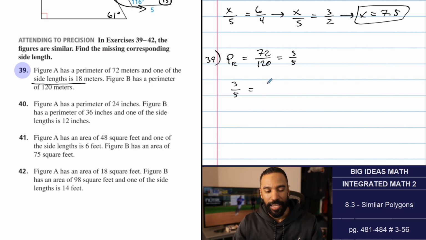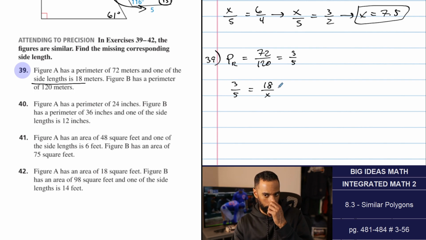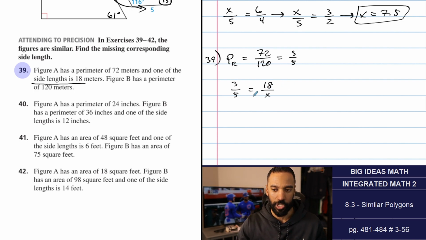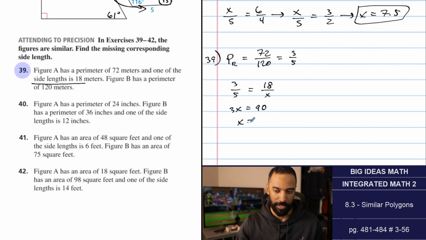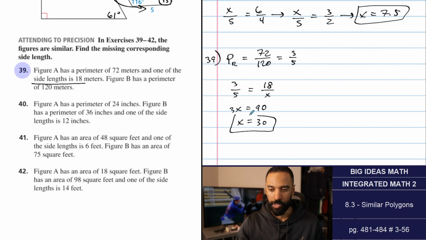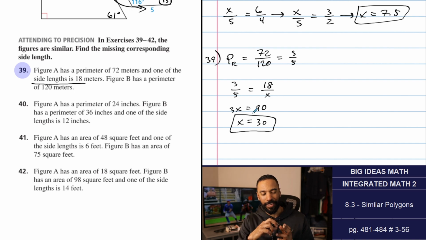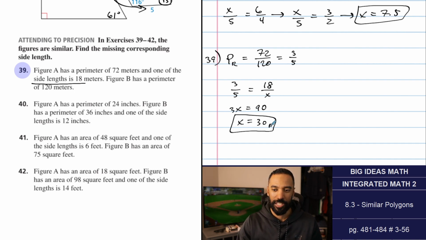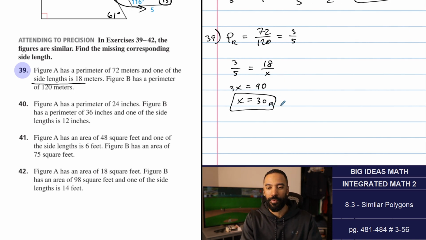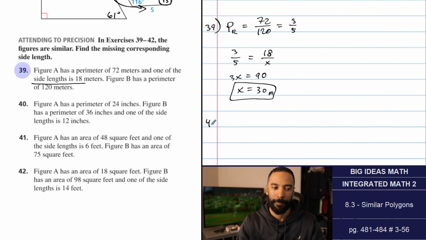And in figure A, the smaller one, we know that one of the side lengths is 18 meters. And in figure B, we don't know the corresponding side length. So this is where we do the cross multiply and divide. So the side length that corresponds with figure A's 18 meters is this 30 meter length that we have in figure B.